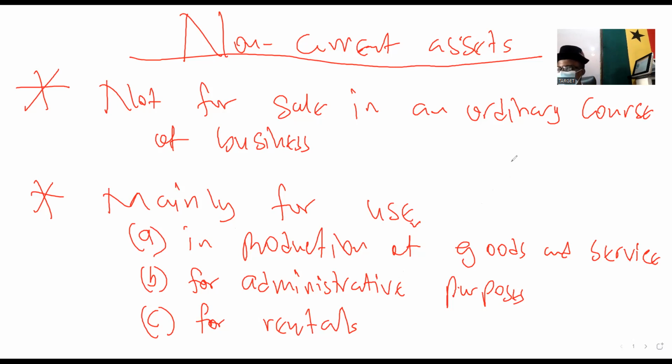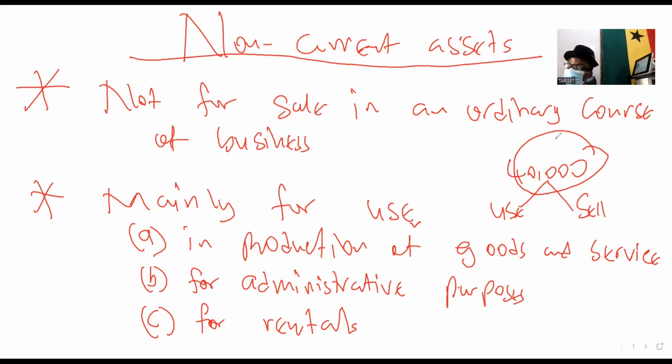Imagine the value is $40,000. When I use it and when I sell it, which of these options will let me recover my $40,000 fast? You only classify it for sale if, when you use it, you won't get the $40,000. Instead, you must sell it in order to get your $40,000. In that case, classify the asset as held for sale.